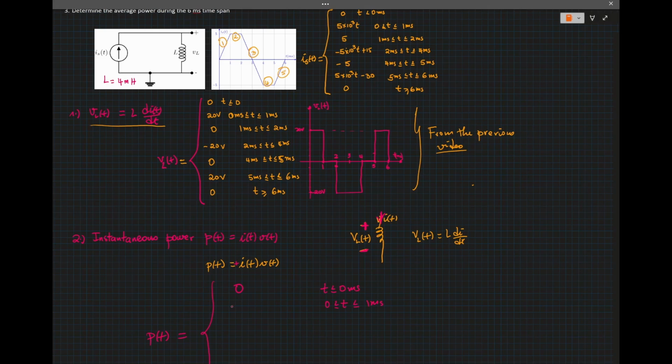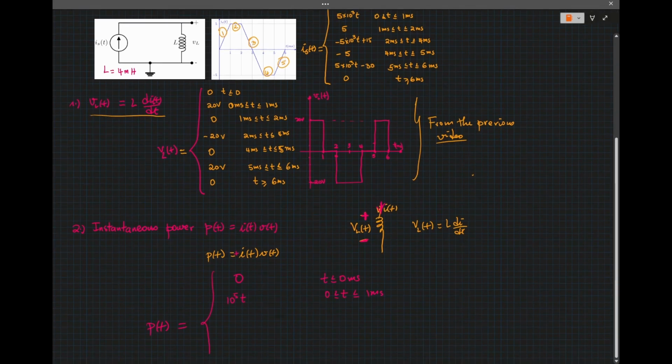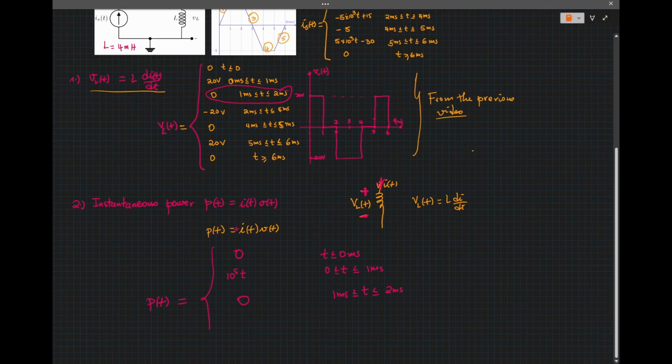So 20 times 5 is 100, so it's 10 to the 5 t. And for 1 millisecond less than or equal to t less than or equal to 2 milliseconds, we are going to take this multiplied by 5, and that gives me 0. 0 times 5 is 0. So the power is 0.